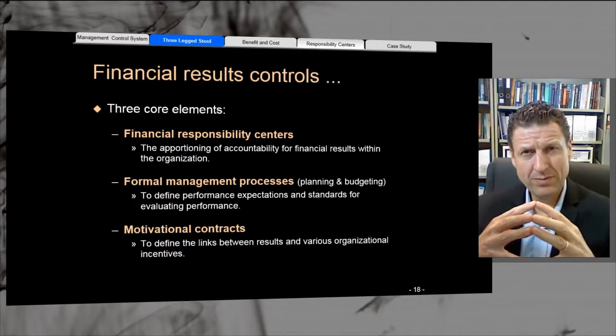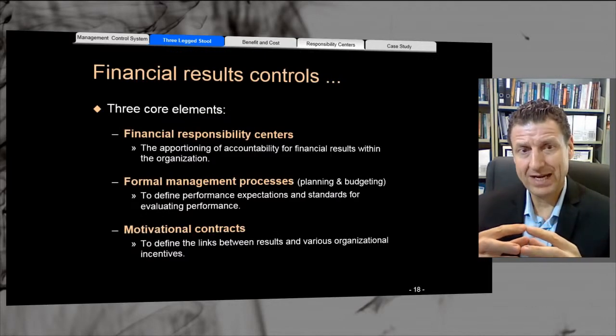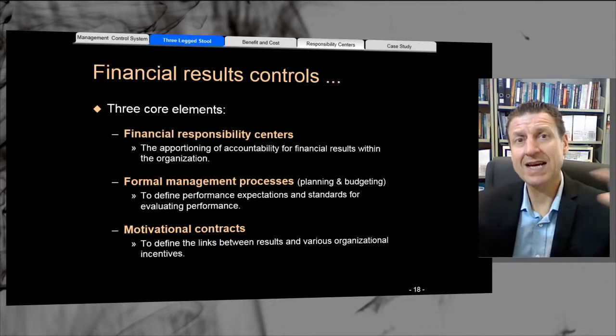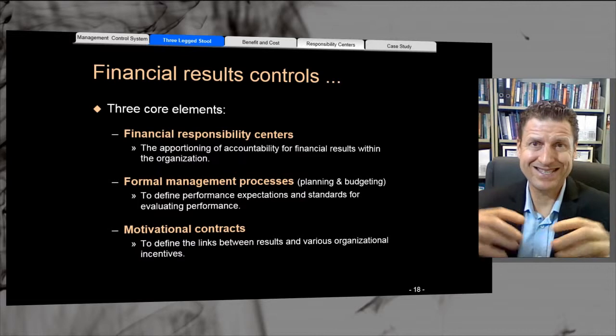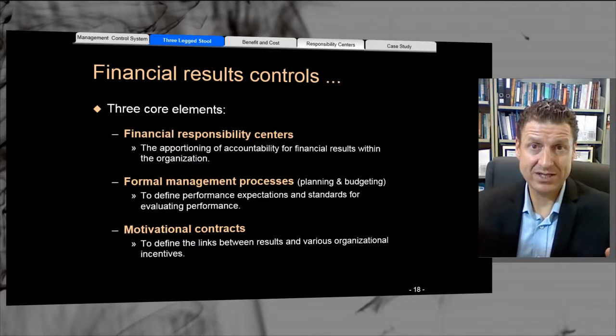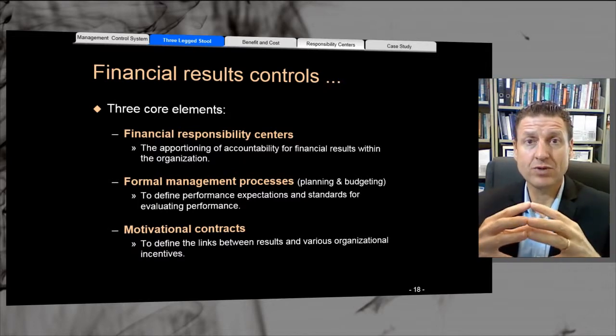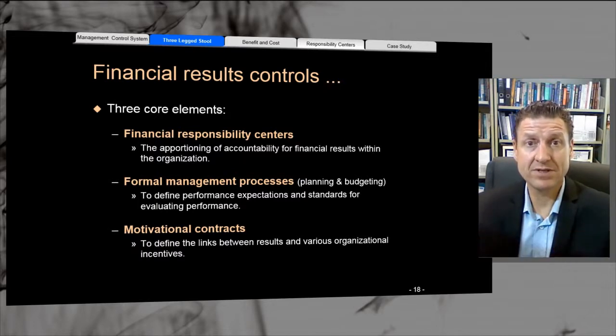So what do we mean by financial results controls? Because we're a large organization, accounting is the best aggregate measurement system to track, monitor, and hold accountable the responsibility of different divisions, of different managers.